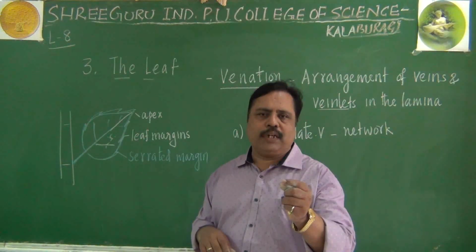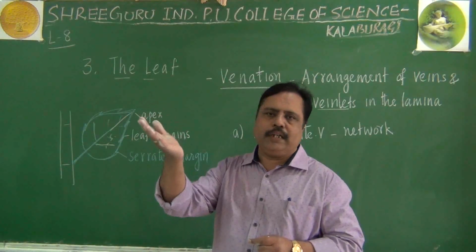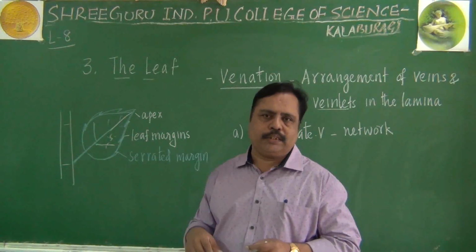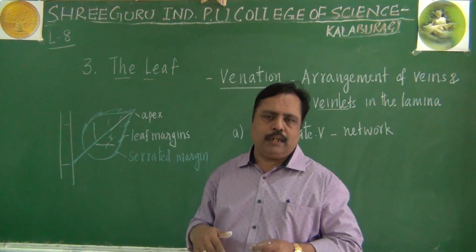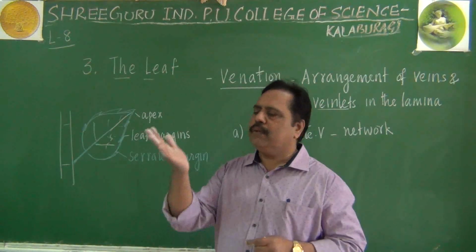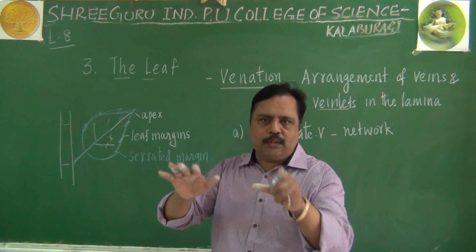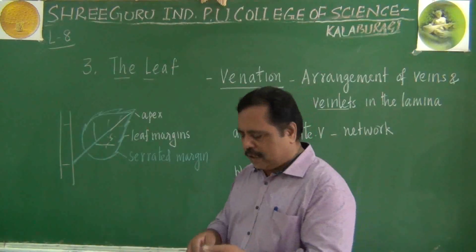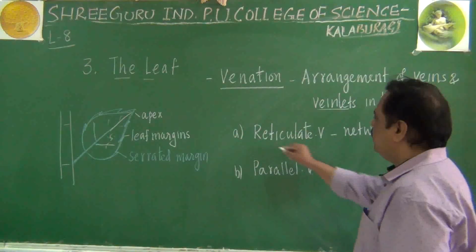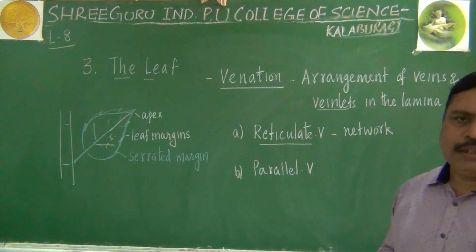The best example is the ficus leaf. If a ficus leaf falls on the soil, when it withers and undergoes decomposition, afterwards you can see only the network-like structure of the leaf. That network-like arrangement of veins and veinlets is known as reticulate venation.